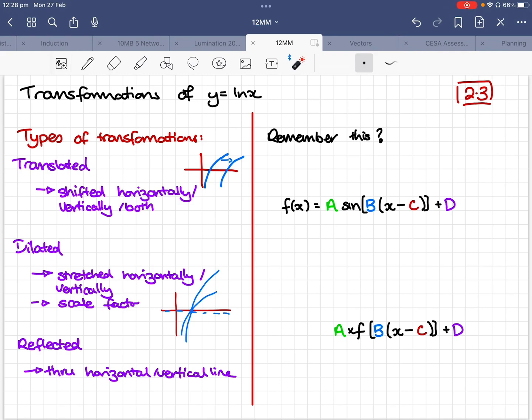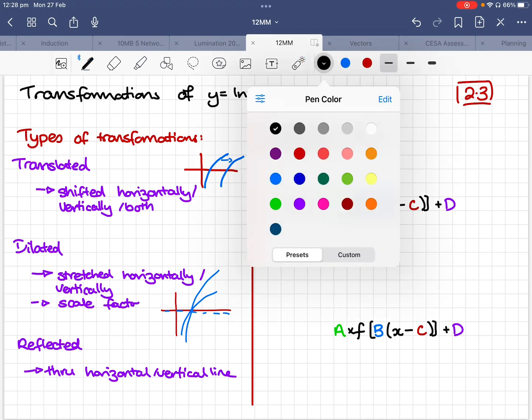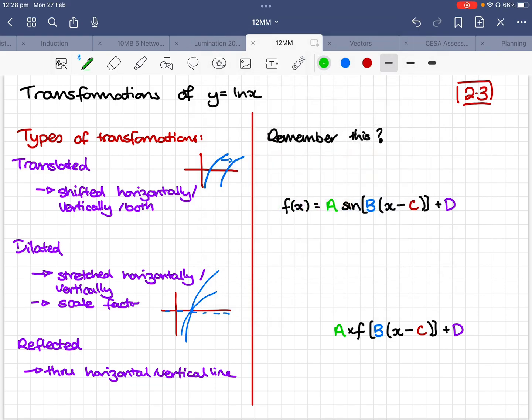Now, we've seen these transformations before. We've seen them in the context of trigonometric functions. So you might have seen that equation there previously. Just to refresh your memories, each of these parameters does something slightly different. A tells us the amplitude. Now, the amplitude is a specific term for periodic functions.